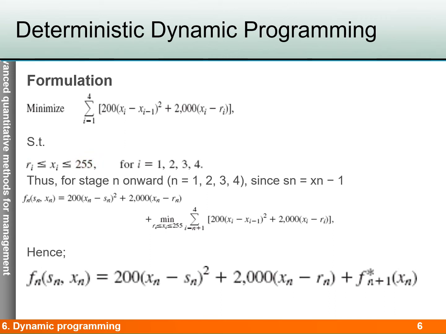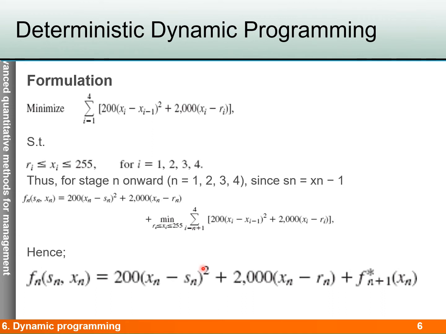And fn of Sn and Xn is this immediate cost that we said before, plus the minimum of what comes from stage n plus 1. So this is fn(Sn, Xn): 200 multiplied by Xn minus Sn squared plus 2000 multiplied by Xn minus Rn plus f star n plus 1 of Xn, which we know is the minimum that we have in this formula.